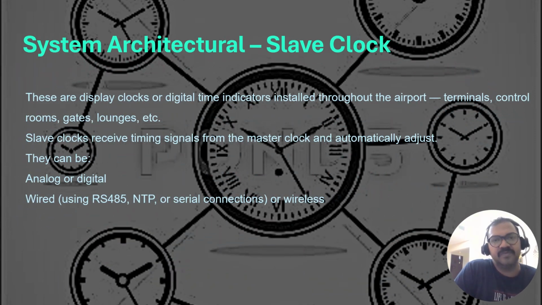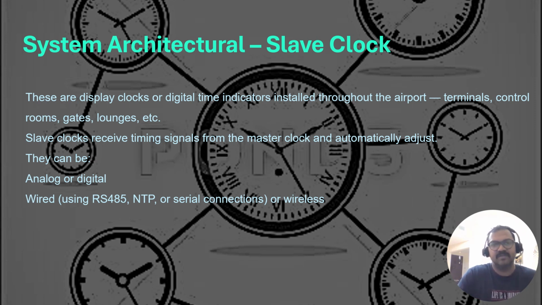Then, in terms of slave clocks, these are the displays or digital time indicators installed throughout the airport: terminals, control rooms, gates, lounges, etc. Slave clocks receive time signals from the master clock and adjust automatically. They can be analog, digital, wired, or wireless, especially for NTP and serial connections.